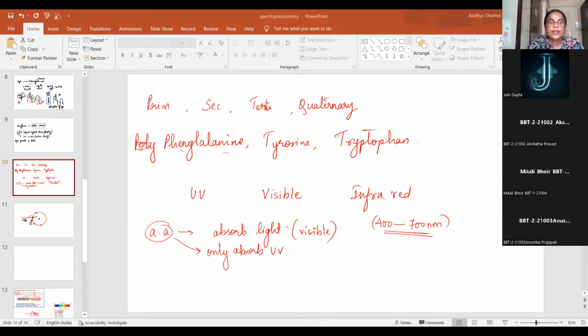No, ma'am. Okay, NMR is nuclear magnetic resonance. It's also a spectroscopic technique, but it is a little more sophisticated than spectroscopy. A spectrophotometer you can fit in any corner of the lab, on a table, even in your house. But NMR is a huge setup. You need a special room for NMR. It also is a spectroscopic technique, and it involves absorption of radio frequency energy.